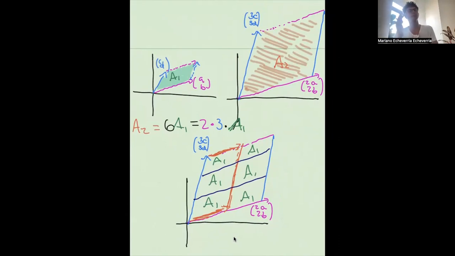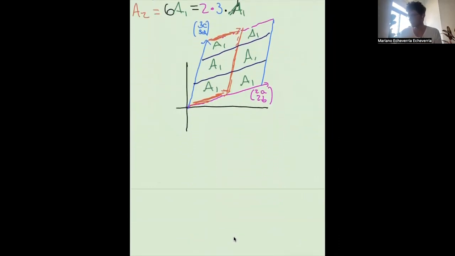So whenever you rescale a vector by a certain amount and a second vector by another amount, the new determinant would just be the older determinant times the product of those rescalings. So let me put it in this way.